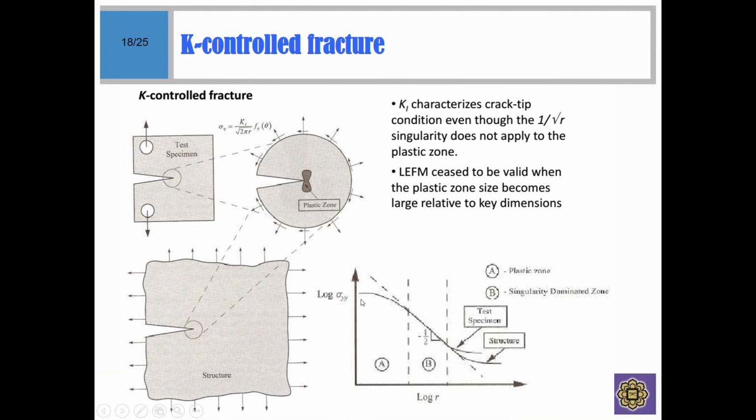They plot the sigma yy based on this situation, and then they get the linear elastic region by using this plot. It is just a representative for the plastic zone, and from point r, to what extent it will become a singularity dominated zone.